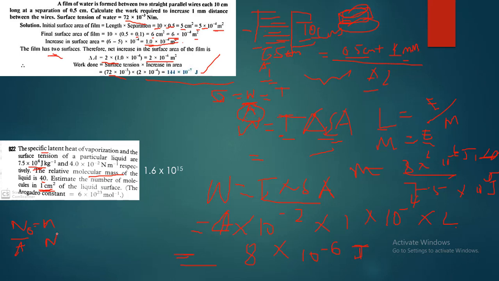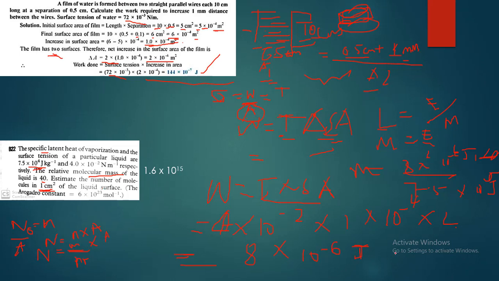So number of particles N ni sawa na number of moles times Avogadro's number. But we know number of moles ni sawa na mass over molar mass. Okay, mass over molar mass times Avogadro's number, tunapata number of particles. For this case tumeulizwa molecules.